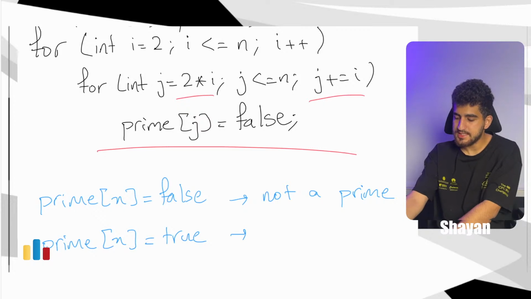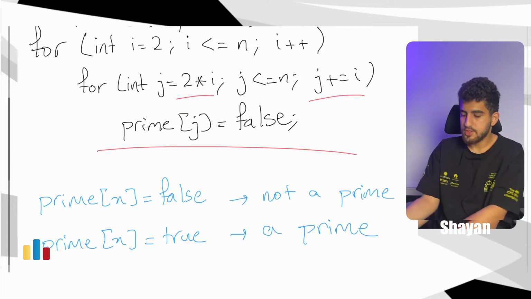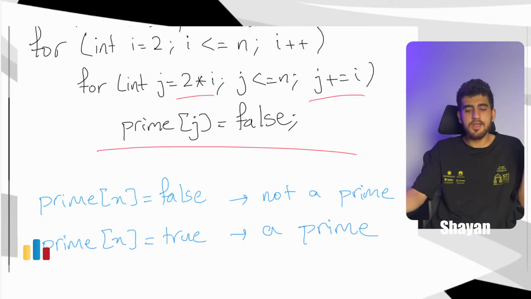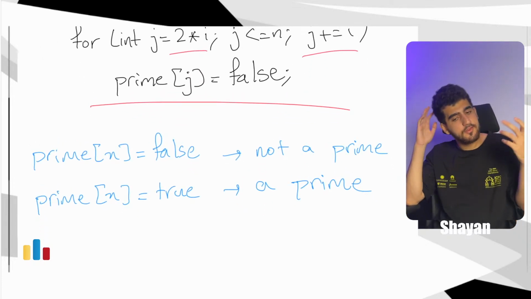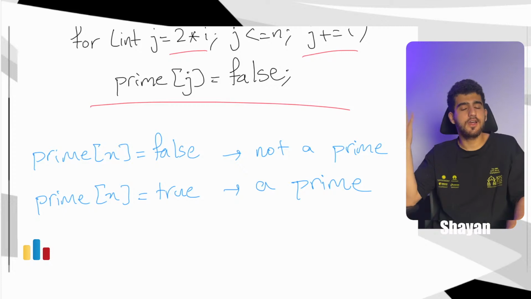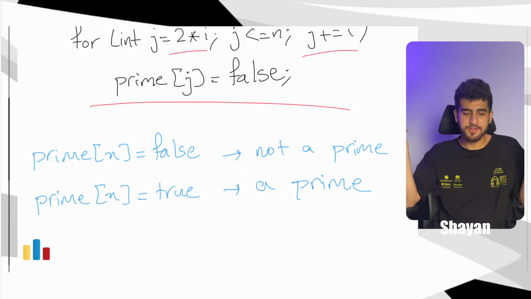So x is really a prime number. We showed that if prime of x is false, it is not a prime number, but if prime of x is true, it's really a prime number.